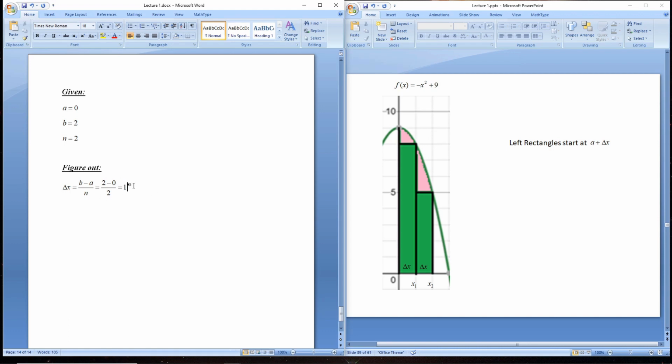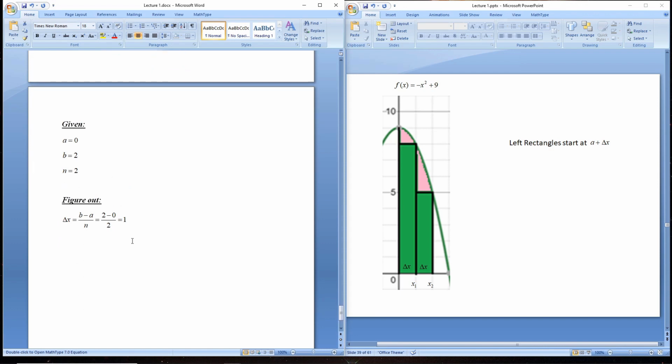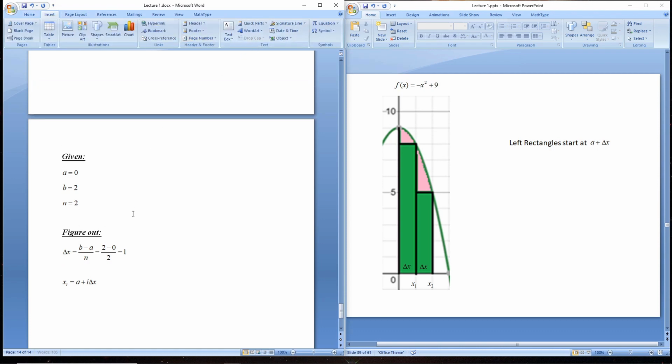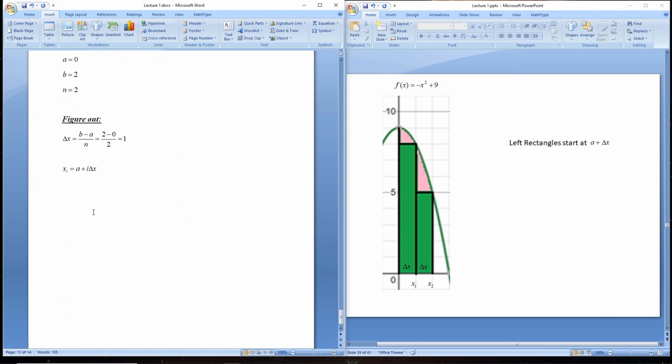And now that we have our delta x, we can use our general expression here to figure out what all the x sub i's must be that we're interested in. Now we already did this before. For our 2, we got x1 is 1 and x sub 2 is 2.